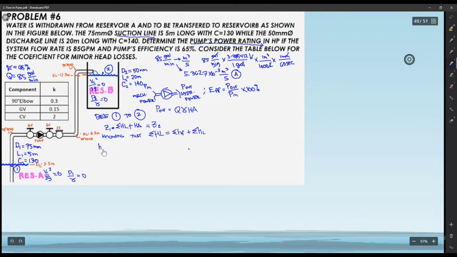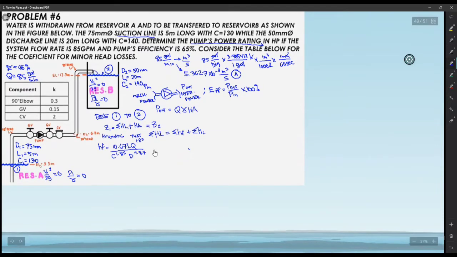The formula is HF equals 10.67 for SI, times L times Q raised to 1.85, over C raised to 1.85, then D raised to 4.87.